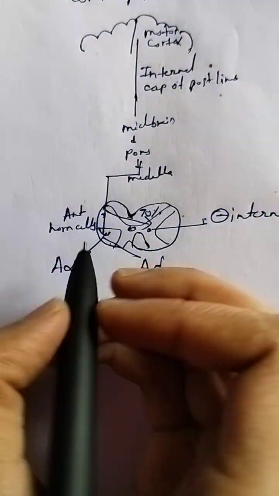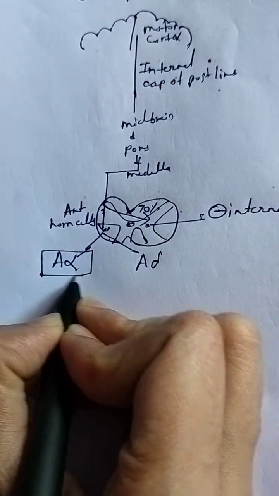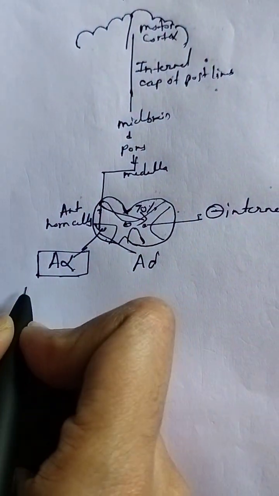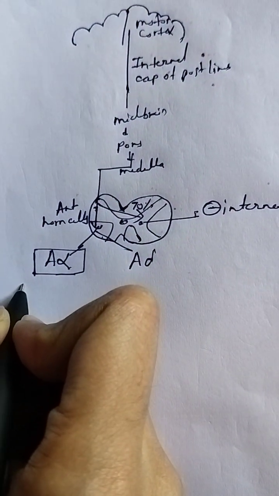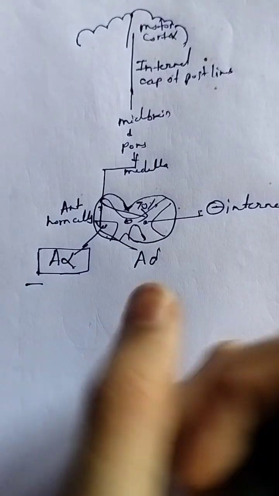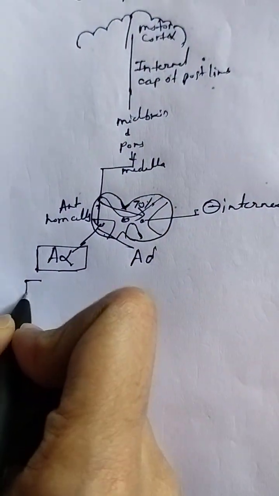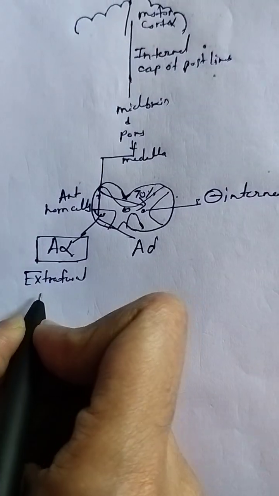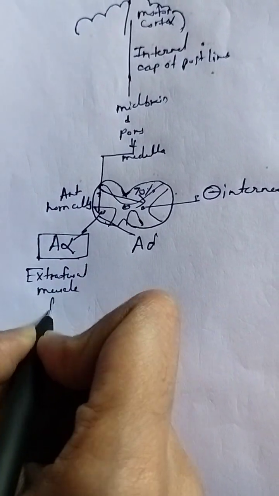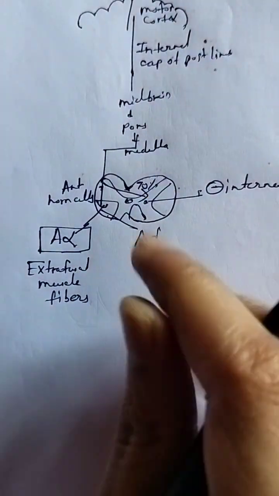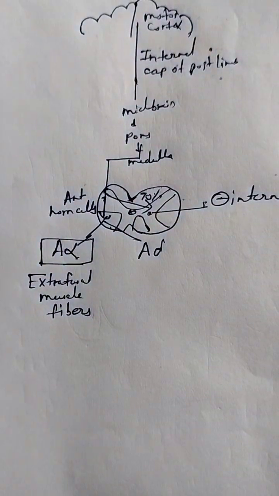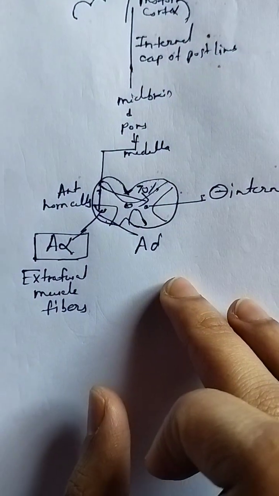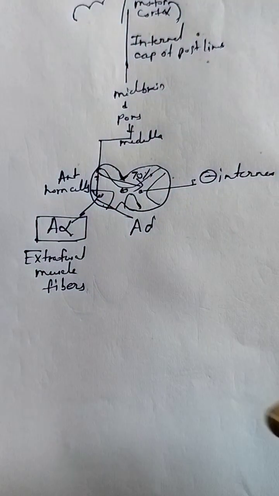So this A alpha fiber causes the contraction of the extrafusal muscle fibers, and A gamma causes the contraction, A delta causes the contraction of the intrafusal.